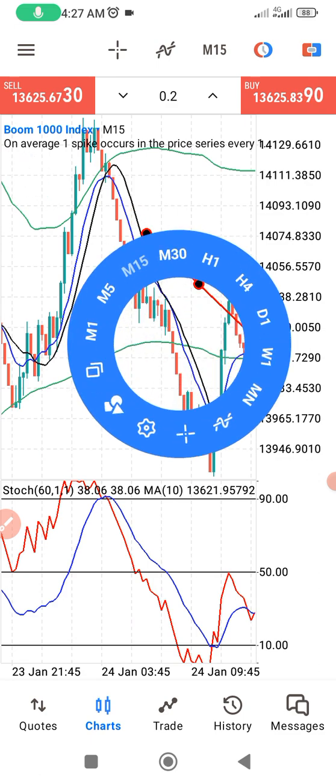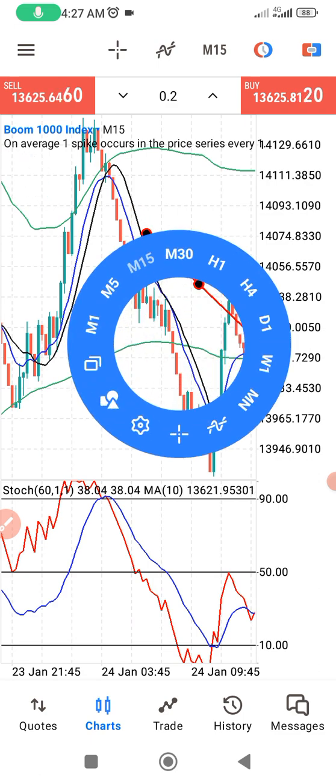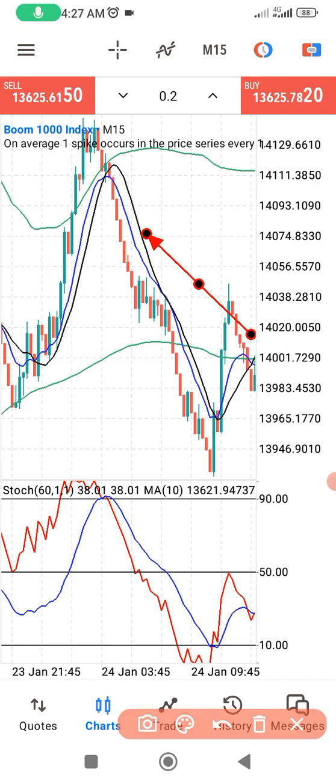Then number two, we want to see our indicator window at the level of 90, which is what we are seeing. And then seeing the blue line and the red line, the stochastic, make a cross and curve towards the downside, which has happened here.